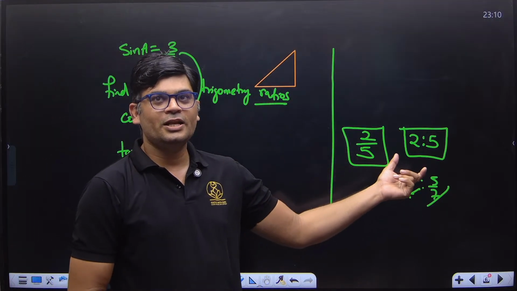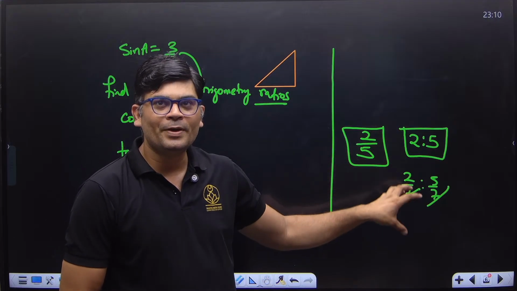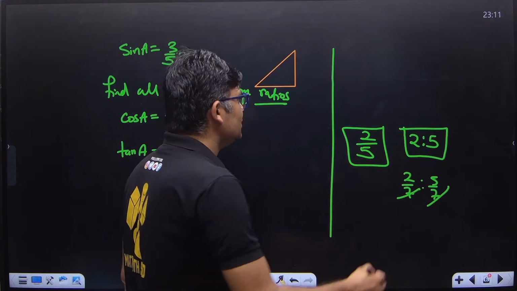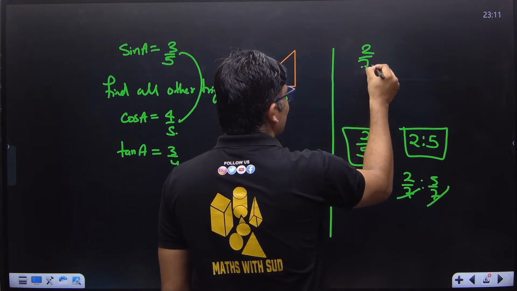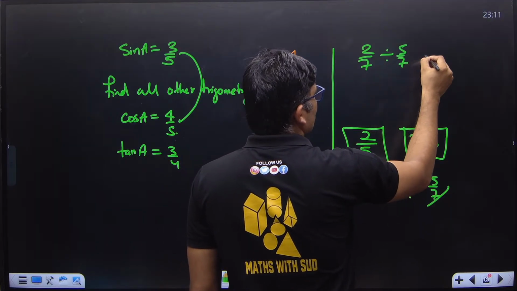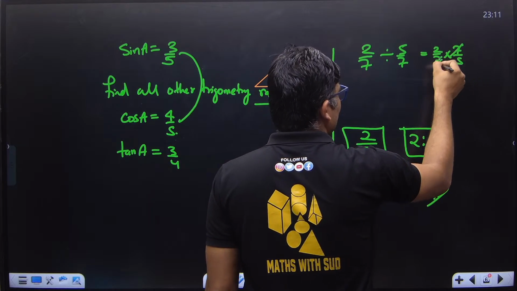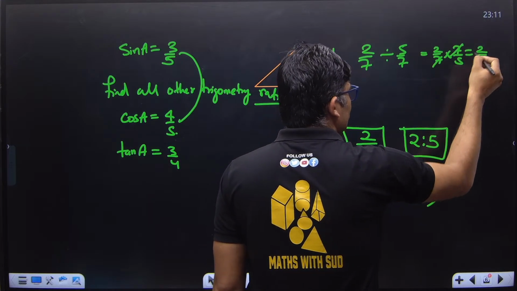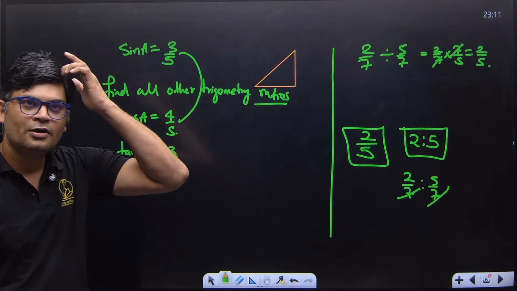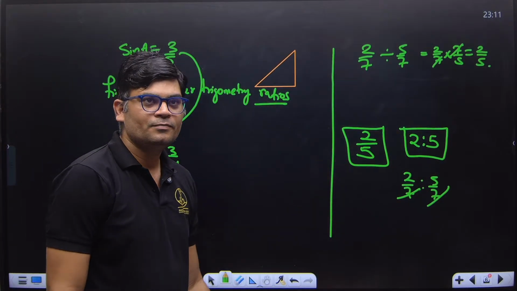Here there are 7 things, here there are only 5 things. But mathematically, if you compare them, 2/7 divided by 5/7, you can do it like 2/7 multiplied by 7/5. This will get cancelled out, so it is going to be 2/5. So mathematically they are equal.